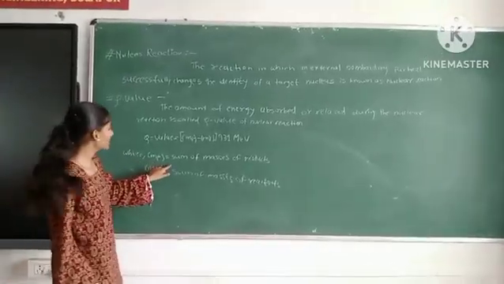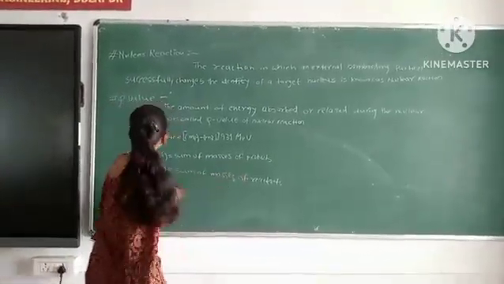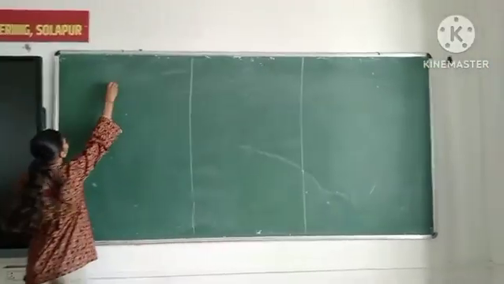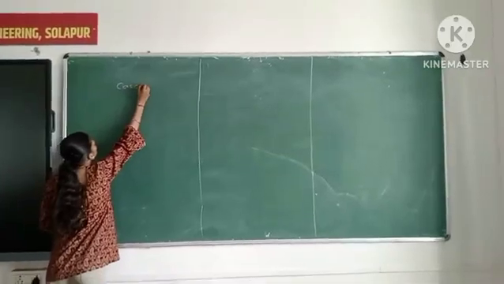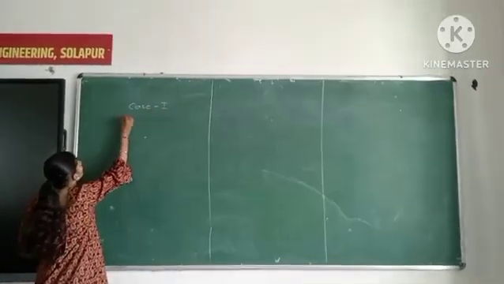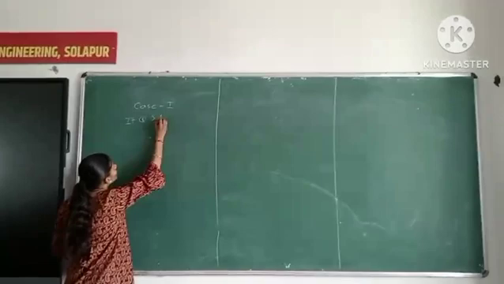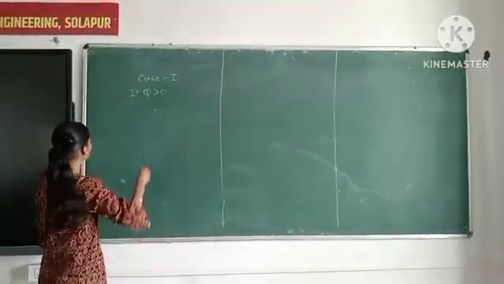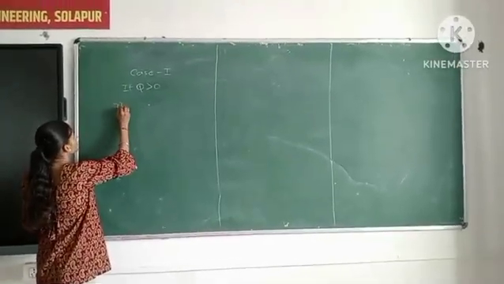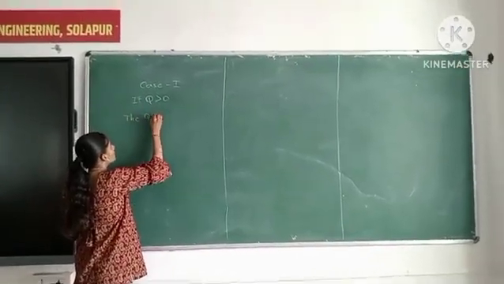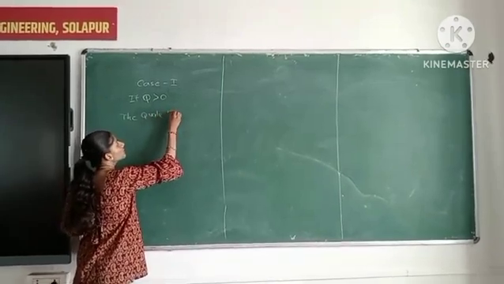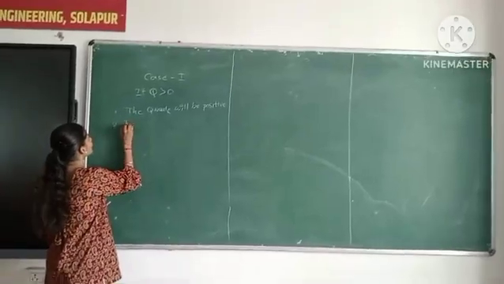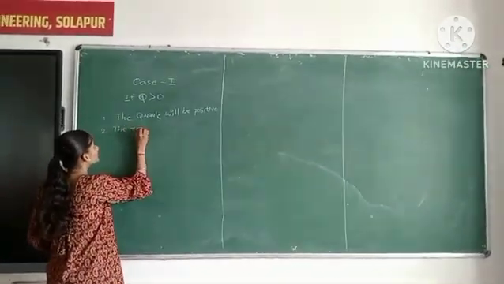Where Mr is the sum of masses of reactants and Mp is the sum of masses of products. Case 1: if Q is greater than 0, then the Q value will be positive, and the reaction is said to be exothermic.